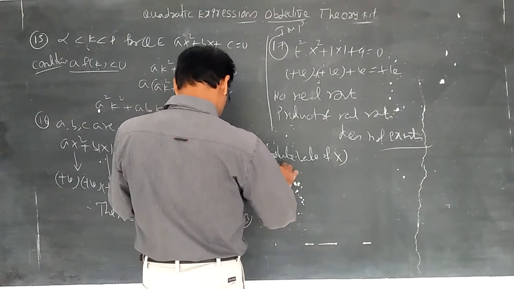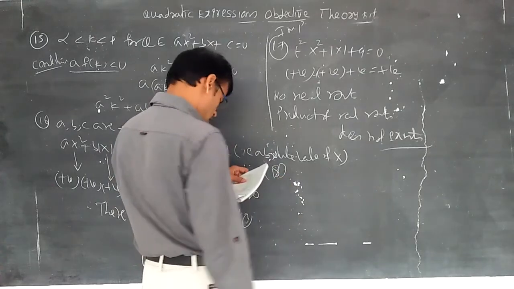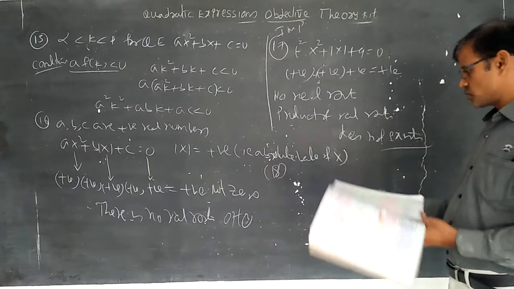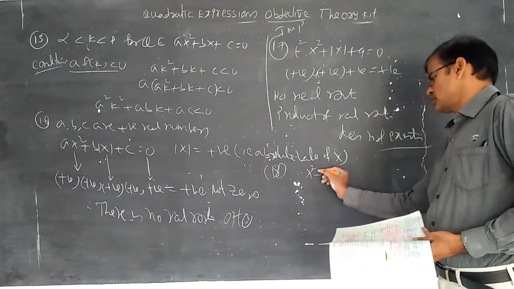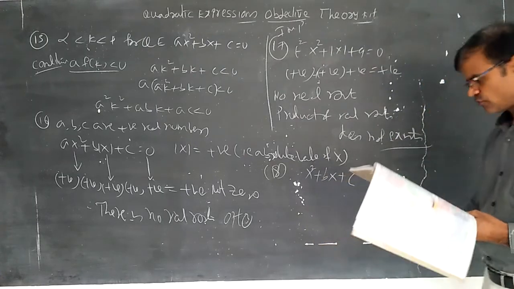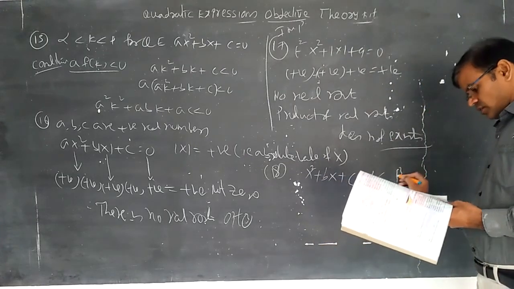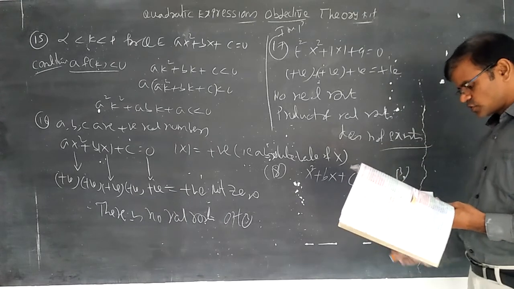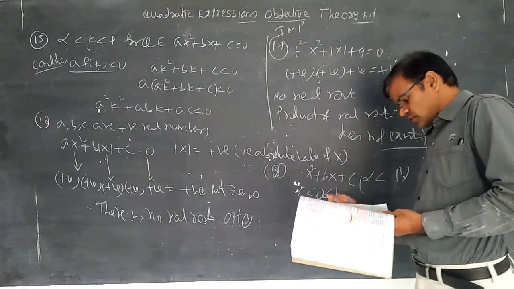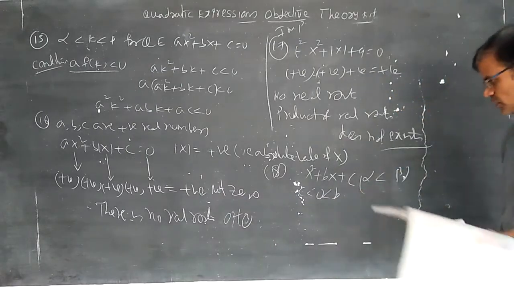Now we can discuss the 18th one. If alpha and beta are the roots of the equation x square plus bx plus c, alpha less than beta, with c less than 0 less than b. That means c is negative, b is positive.